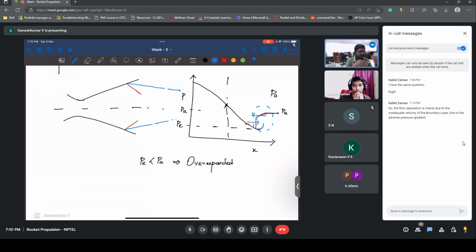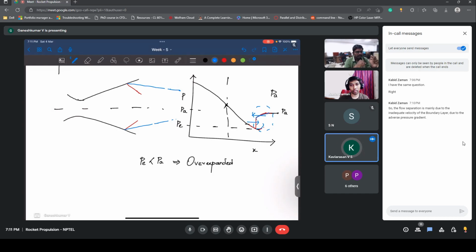The flow separation is due to the competing pressure gradients, right? So one pressure gradient is accelerating the flow in one direction, and there is another pressure gradient which wants the flow to happen in the opposite manner. That causes the reversal in flow, right?